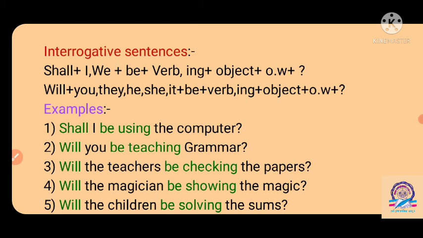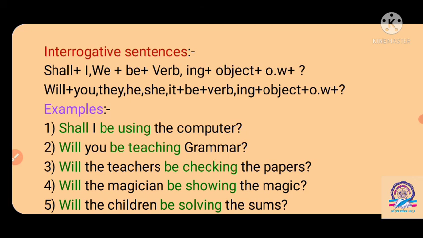But remember carefully, for the future continuous tense we have to use the helping verbs shall and will. If the subject is I or we, then at that time we have to use shall as a helping verb, then keep be, then verb ing is required. In all the continuous tenses we have to use verb ing, and last we have to keep the full stop here.